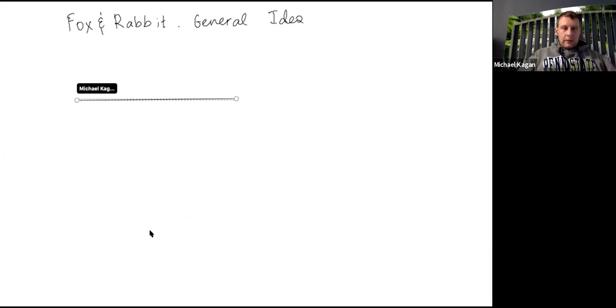So let's consider some intermediate situation where the rabbit is here and the fox is here.